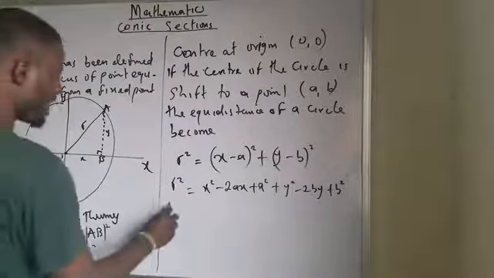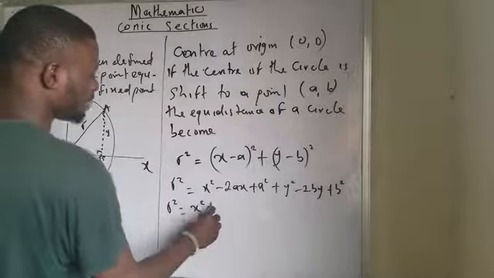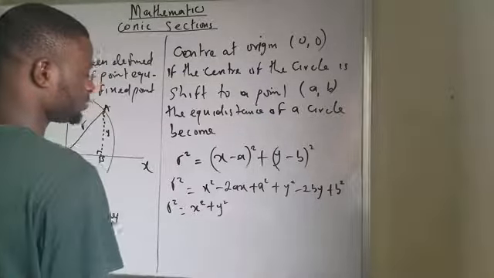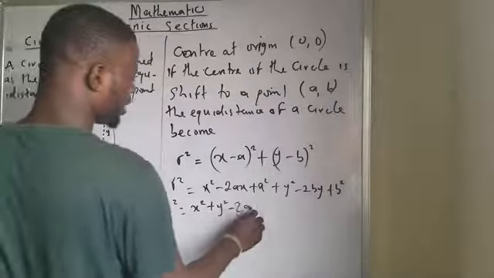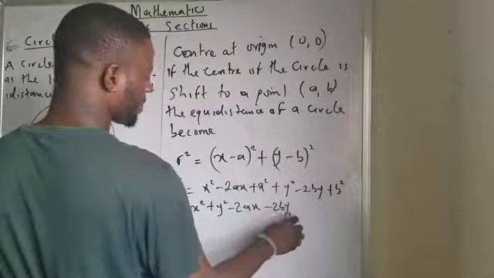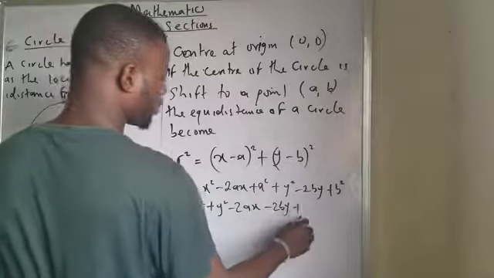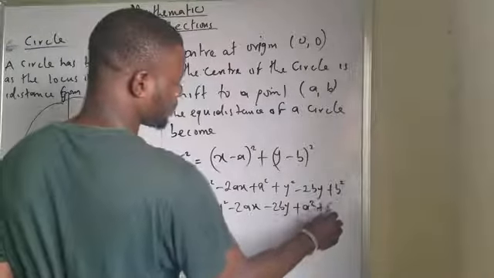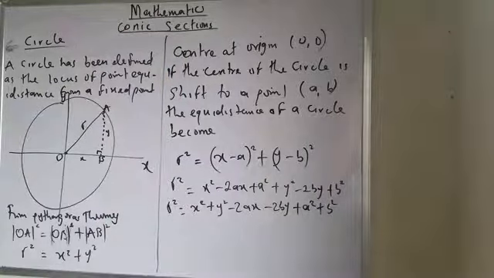Now, since I have it this way, I can also write r squared equals x squared plus y squared minus 2ax minus 2by plus a squared plus b squared. Now don't forget what is called the general equation of a circle.